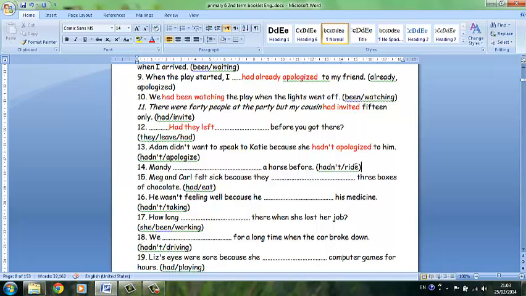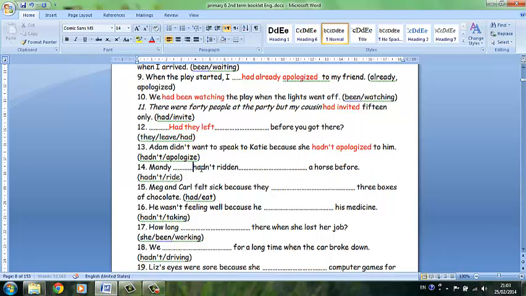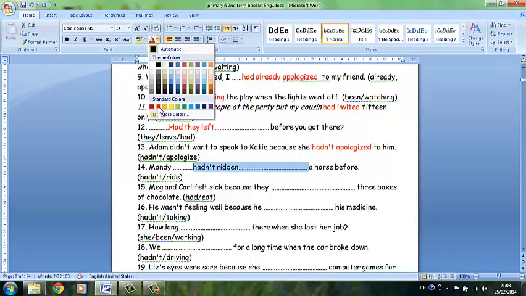So what is the past participle of ride? It's ride, rode, ridden. So I'm going to say Mandy hadn't ridden. How do I write ridden? R-I-D-D-E-N. Very good. Hadn't ridden.